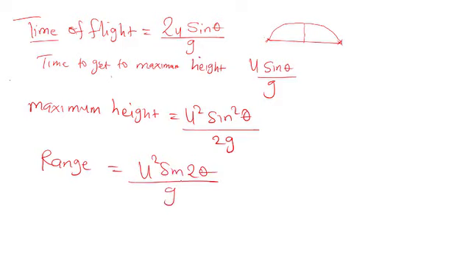That is for the range. I think these are the major parameters that we really need. And from this diagram, the angle of projection is here, theta, 30 degrees. The speed at which this object leaves the projected point is called u. That is the initial velocity of the object.